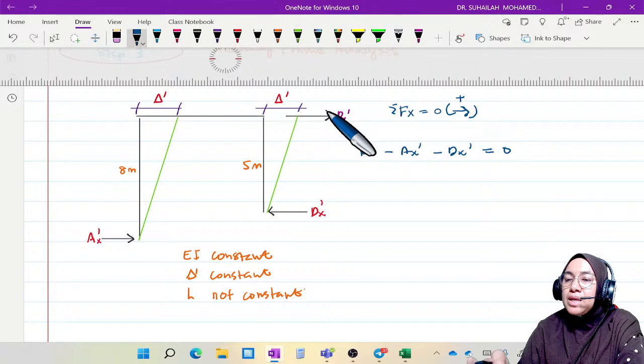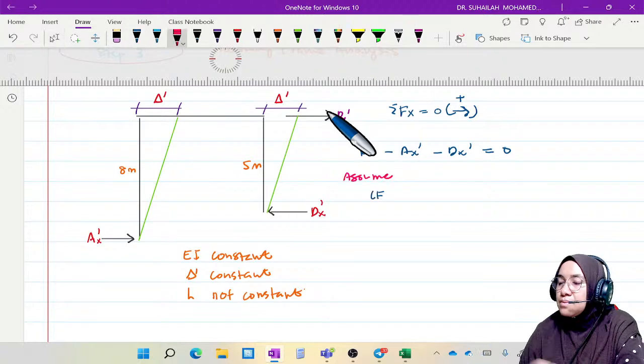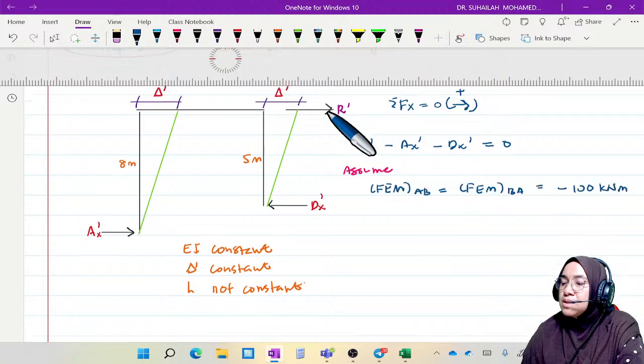This is an assumption: the FEM for AB is equal to the FEM for BA, which is equal to negative 100 kilonewton meter.